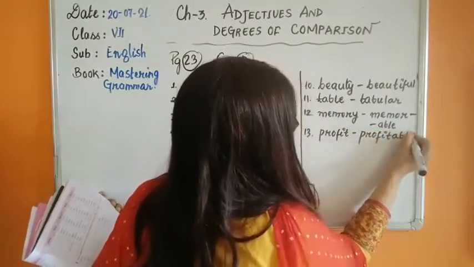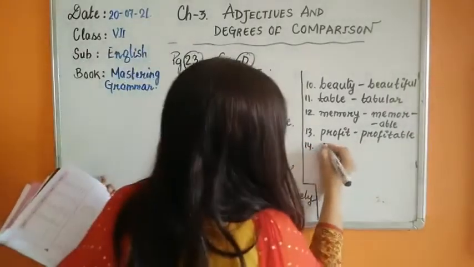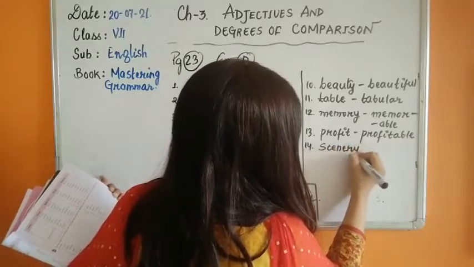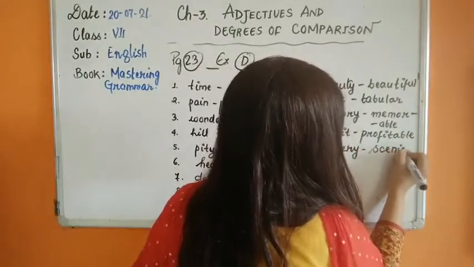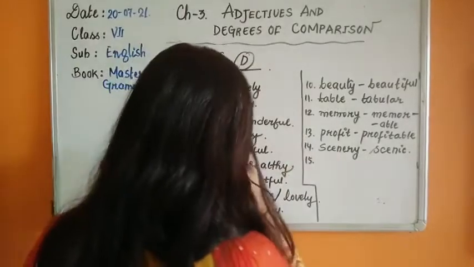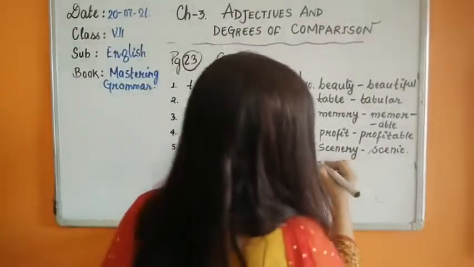Yes. Now, number 14. Scenery. Scenery will become scenic. Okay? With the addition of IC. Then next word we have number 15. It's express.